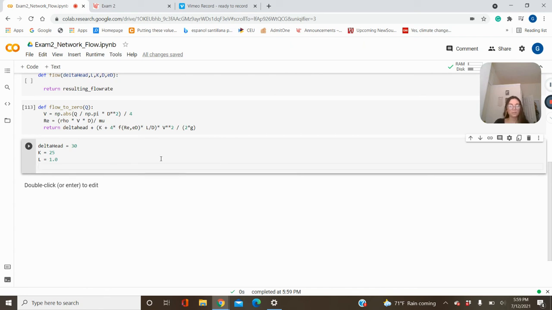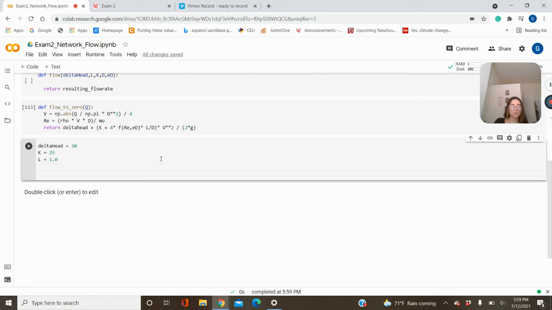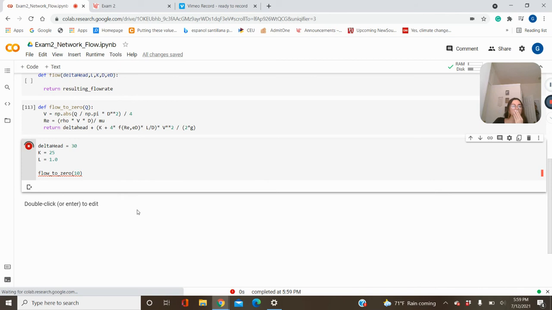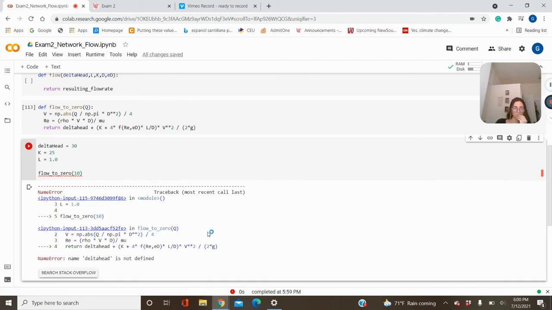Okay, now we got that away. So we want to do a guess of flow. Let's just do a guess of flow to 10, see if that runs because it wasn't running before. Yeah, it's not running. Maybe this is too short.